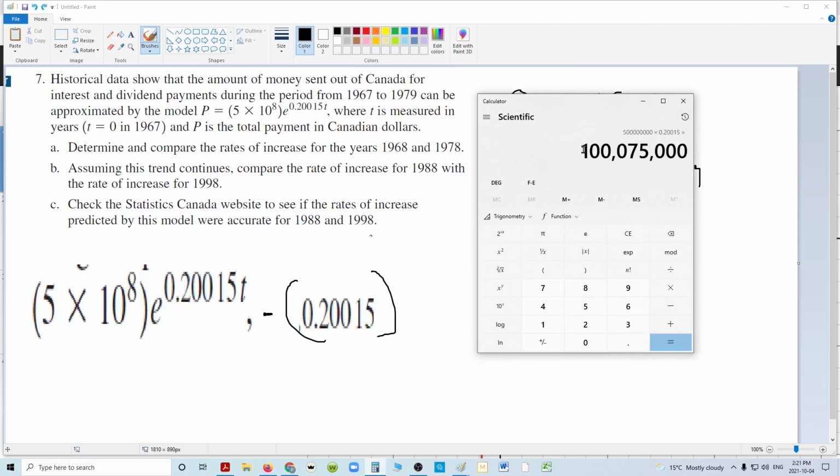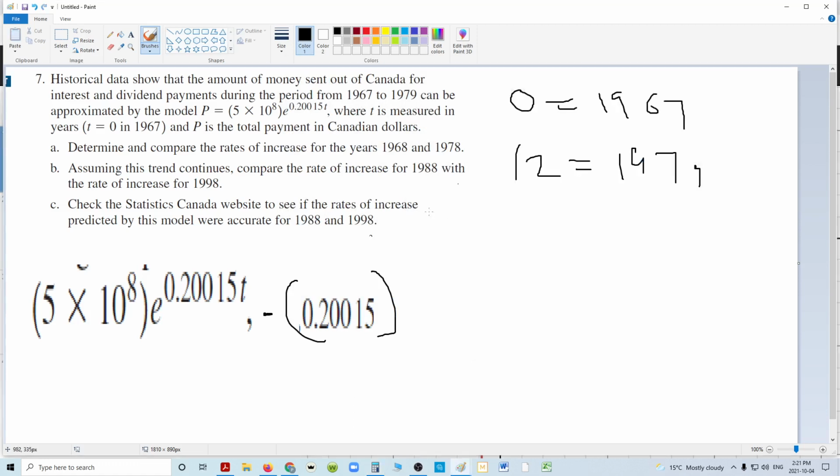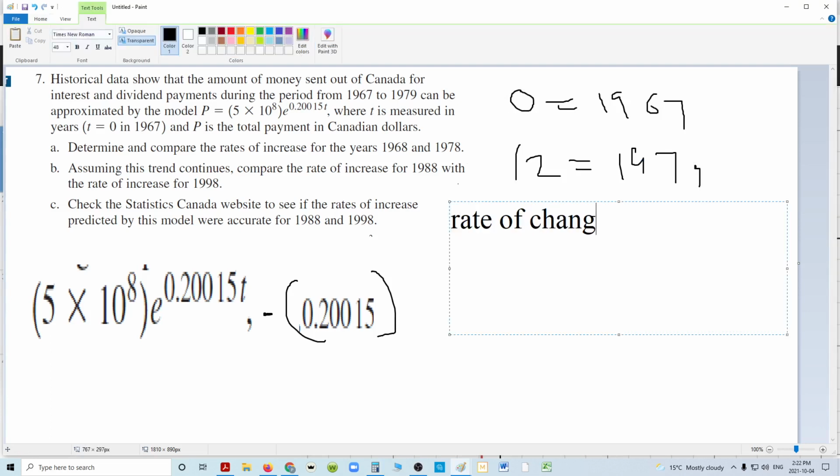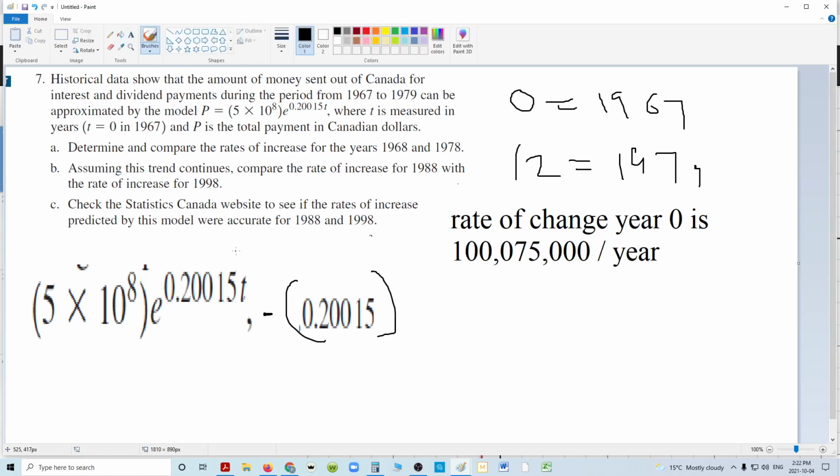So that's the rate of change in the first year. It's going up 100 million essentially. Rate of change at year 0 is that per year. Rate of change when t is 12 is a little different.